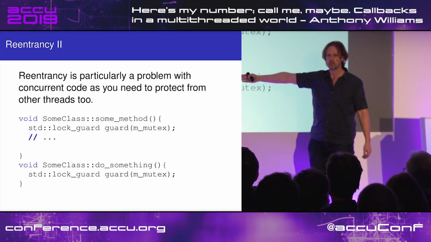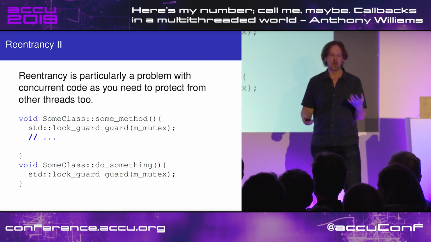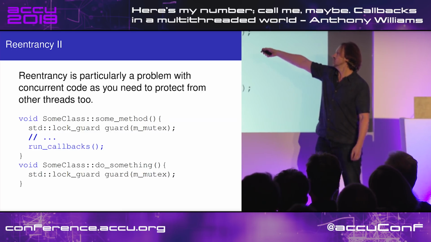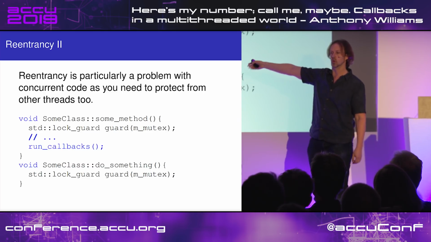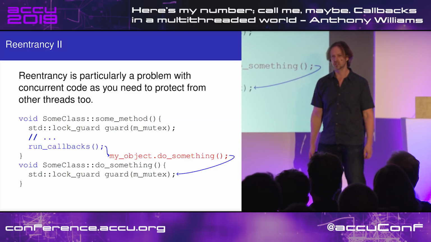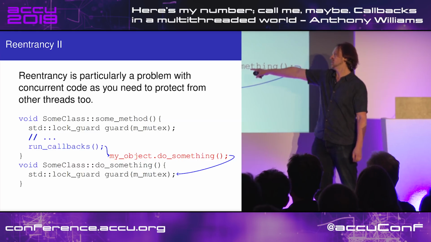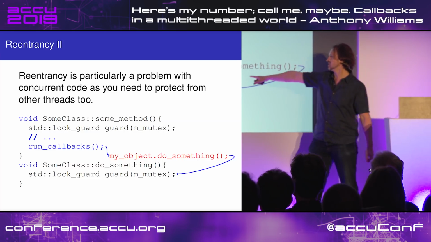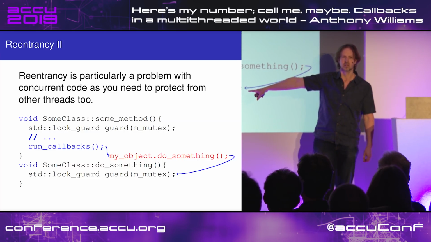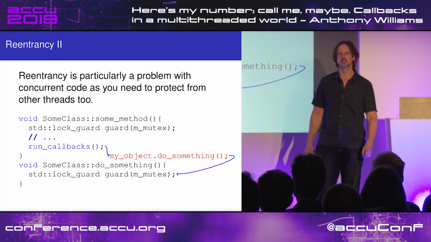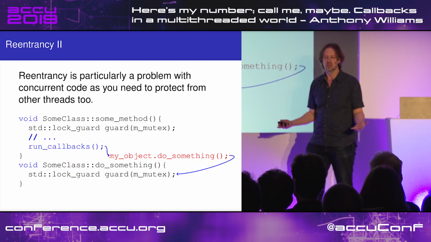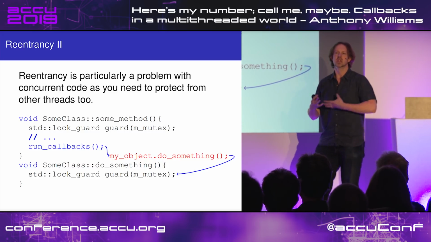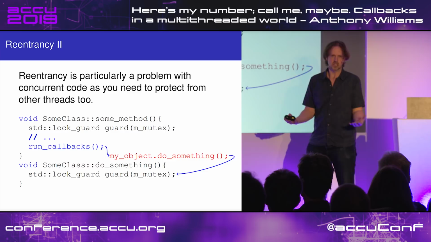This is great. The problem comes, okay, some method is going to run some callbacks. This is going to call back out into your callback code, which says, I want to do something on my class. Oh, look, we're calling back here. We've just deadlocked ourselves. We've tried to lock a mutex we already own. So you need to be aware of this, and we need to do something about it.